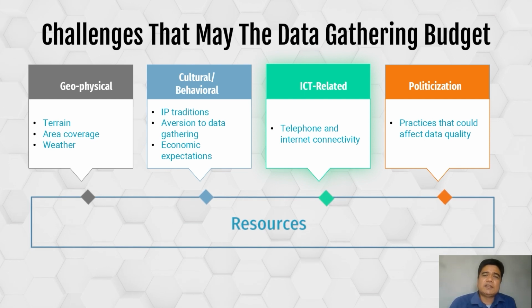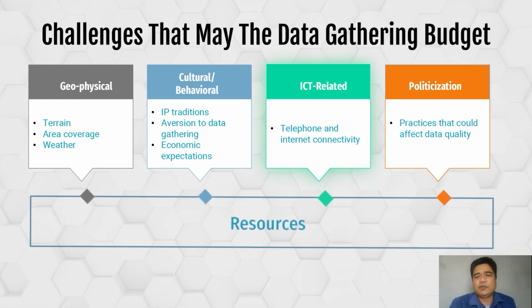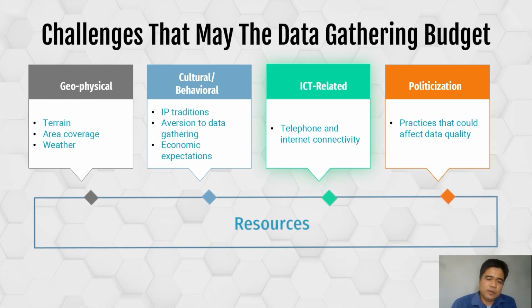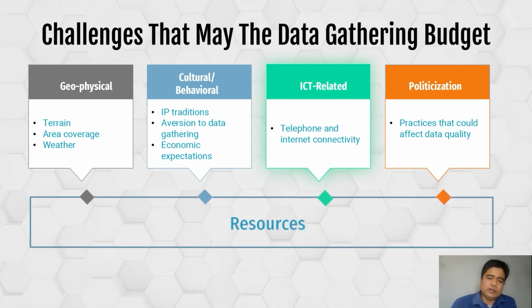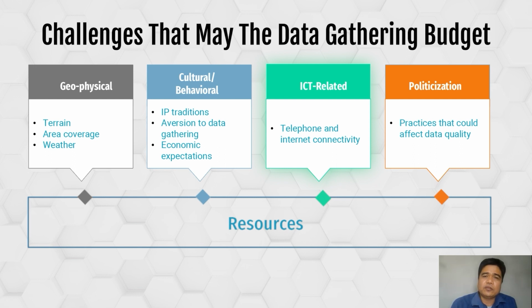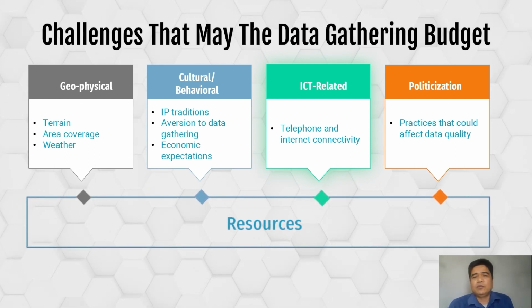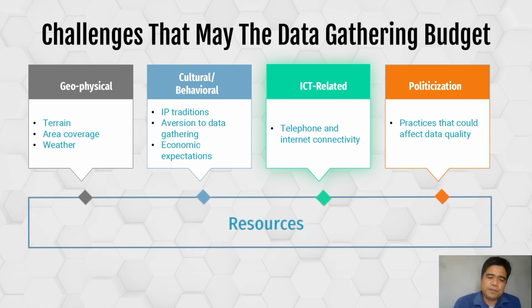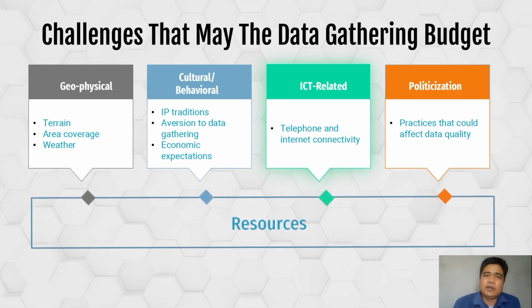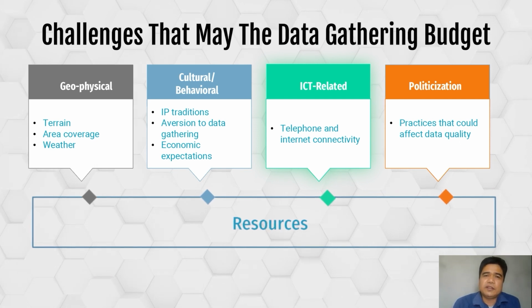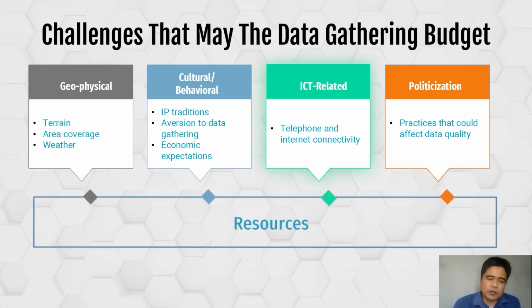ICT related challenges generally refers to telephone and internet connectivity. First, of course, is coordination. So, with limited telephone connectivity, coordination with the target population or target research sites may be difficult.